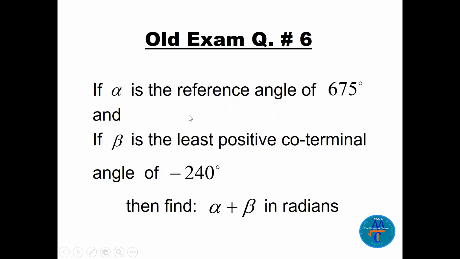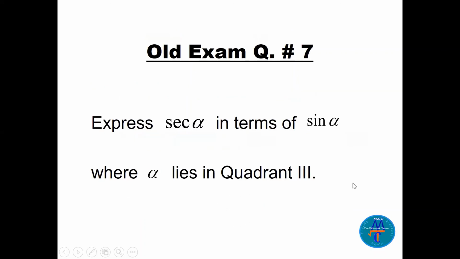If alpha is the reference angle of 675 and beta is the least positive coterminal angle of minus 240, find alpha plus beta in radians. So you have to find the reference angle here, you have to find the coterminal angle, then you have to convert the sum, alpha plus beta, into radians.